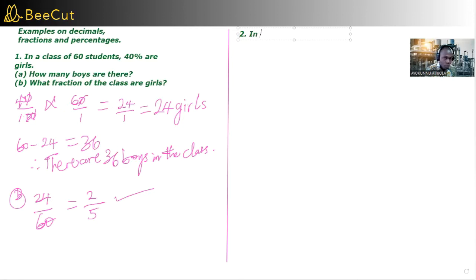Question 2: In a school, 4 over 5 are girls.